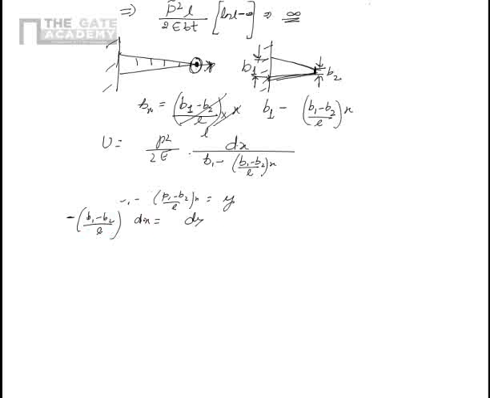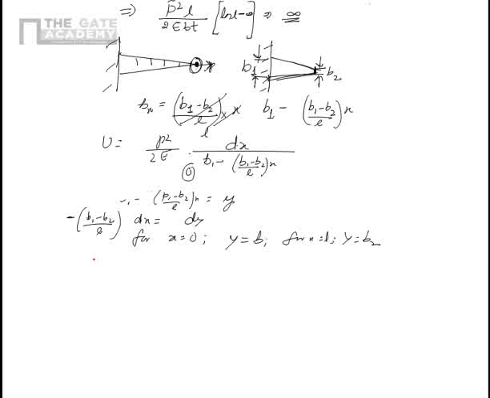Now for x equal to 0, which is the lower limit of integration, y is b1, and for x equal to L, y is b2. Because I will put L here, so this L gets cancelled, so b1 minus b1 plus b2 is b2.